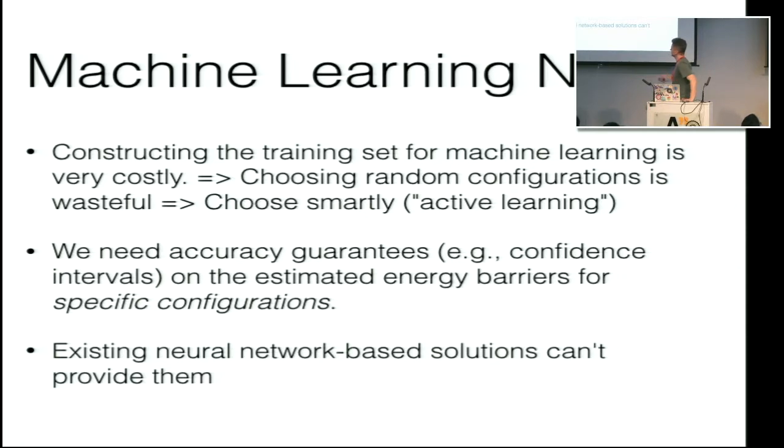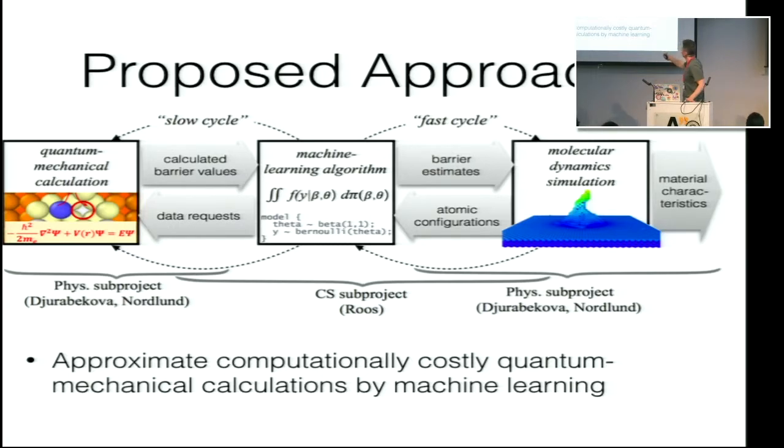Most existing neural network-based methods that have been used in this problem, and there's already some published literature on it, had the problem that they couldn't do that. So we wouldn't be able to plug them in here, because it is key that the algorithm decides that for some configurations it'll get more data, and for some configurations it can just spit out the prediction without accessing more data.